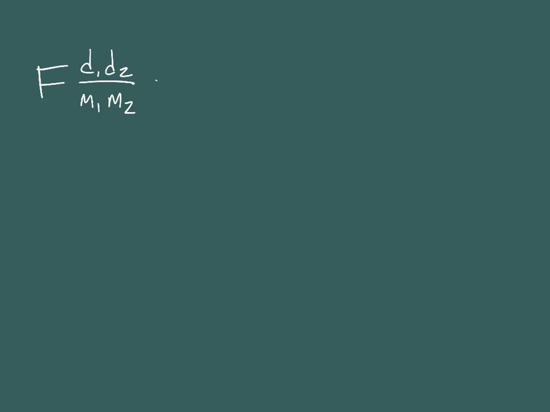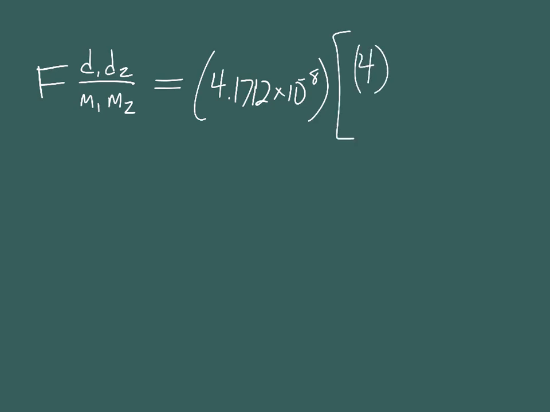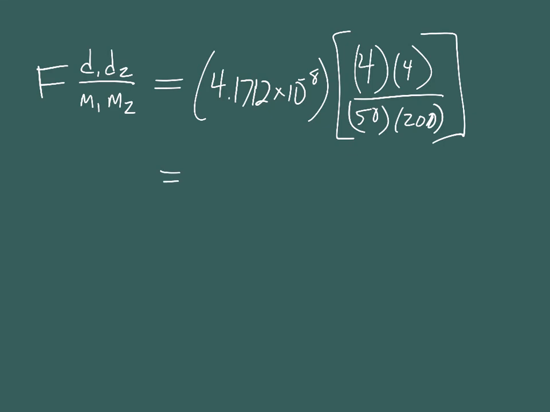And so for one of our options, we had 4.1712 times 10 to the minus 8 times a 4 meter, and a 50, and a 200. So let's pause and give, what is that going to equal as a number? So if you crunch this correctly, you will get 6.67 times 10 to the minus 11.